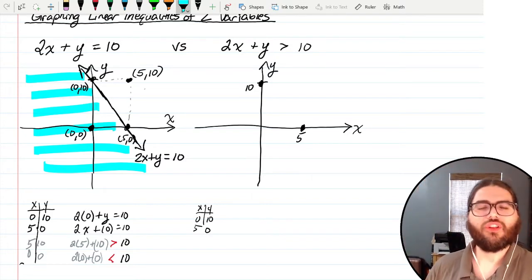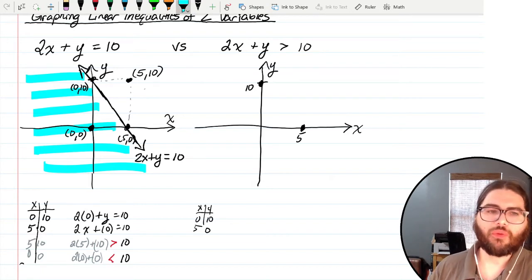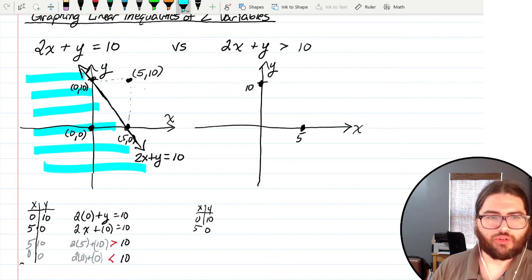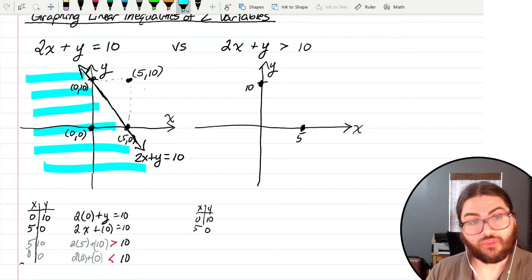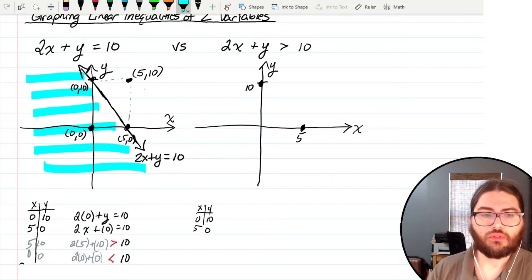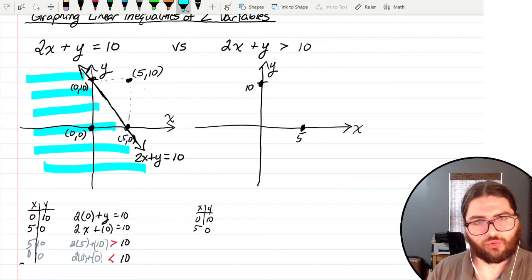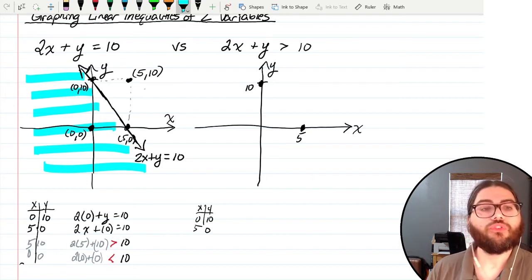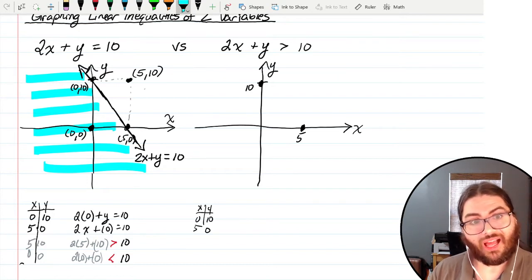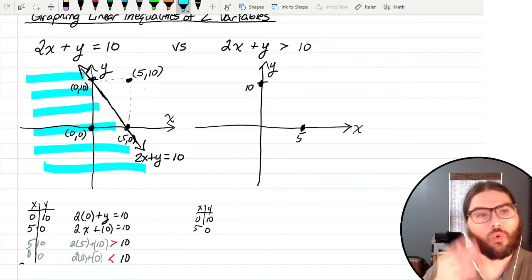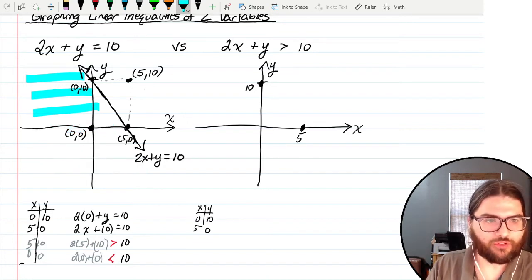The line, in some sense, divides my picture into two parts. It divides it into the less than part and the greater than part. And the line between them is the equal to part. Remember, on a number line, everything is either less than, equal to, or greater than. Well, same thing in my picture. Right? All my points are on the less than side of the picture, the equal to line in between, or the greater than side of the picture.